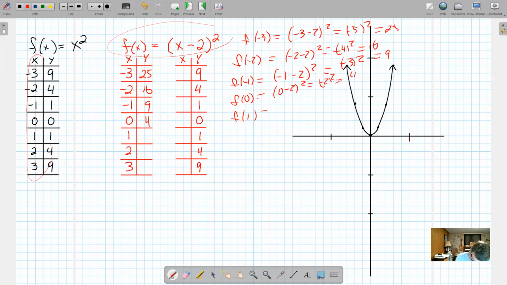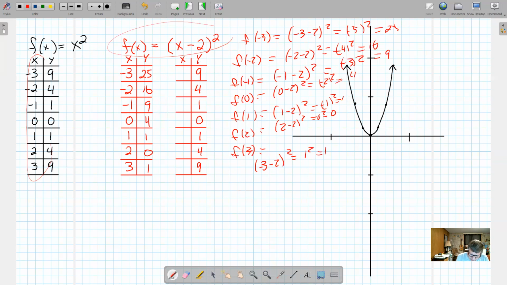F of 1 is 1 minus 2 squared, which is -1, the quantity squared, which is 1. And f of 2 is 2 minus 2 squared, which is 0 squared, which is 0. And f of 3 is 3 minus 2 squared, which is 1 squared, which is 1.